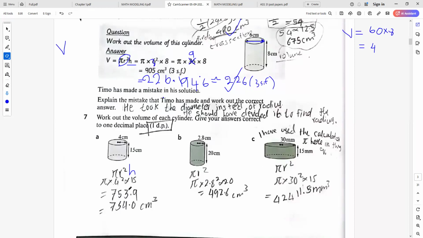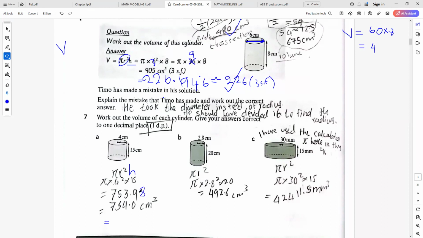Okay, so let me check the answer here. Pi r squared, 4 squared, into 15, is equal to 753.98, right?